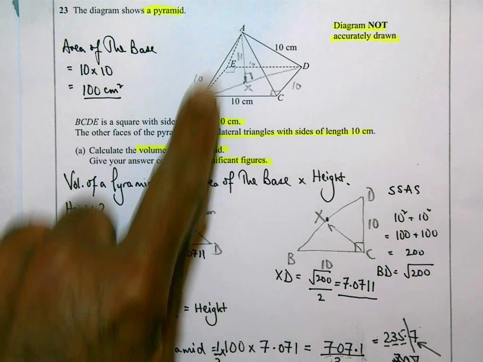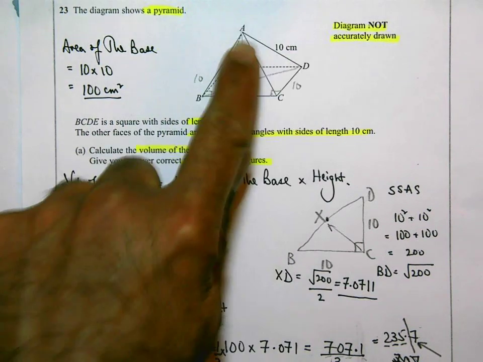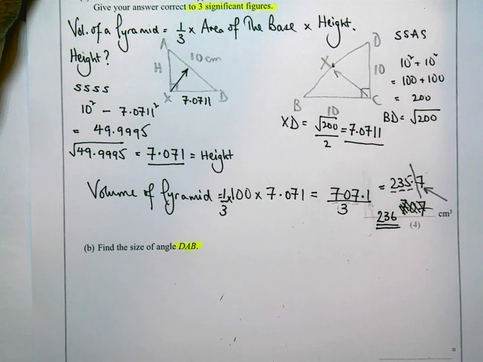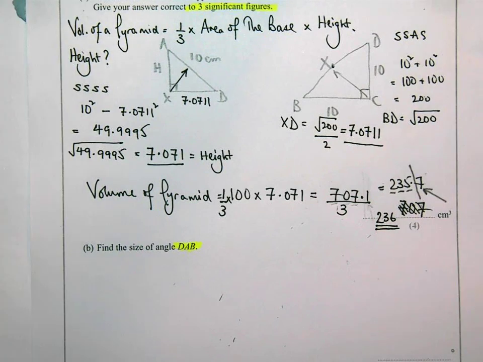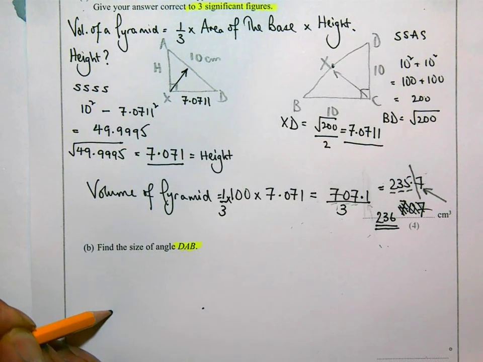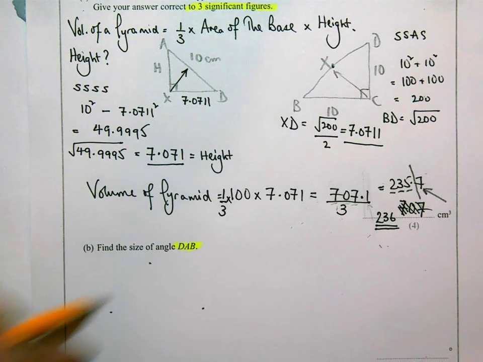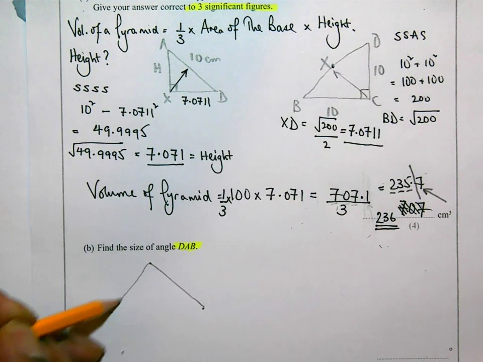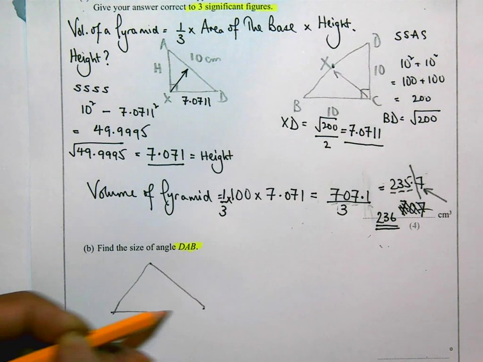So I'm going to try to draw a triangle to represent DAB. Okay, so we've got D at one corner, B all the way across, and A at the top of the pyramid. A at the top, B there, and D there.